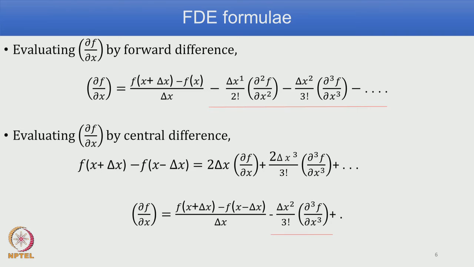So, if the leading term is of odd order, it will be dissipative error. If the leading term is of even order, it will result in dispersive error. In the first case you get a smooth solution, but you will not capture the peak. In the second case, you will get wiggles, but it may be accurate. So, there is a thought, why not combine both, that is, take advantage of forward difference or backward difference and central difference. Such a combination of both is what is known as a hybrid scheme, and people use that also to get solutions.